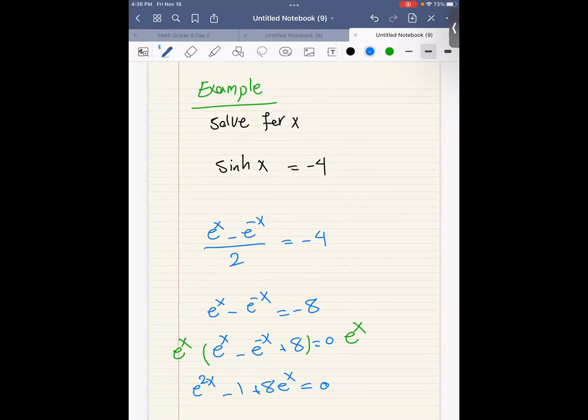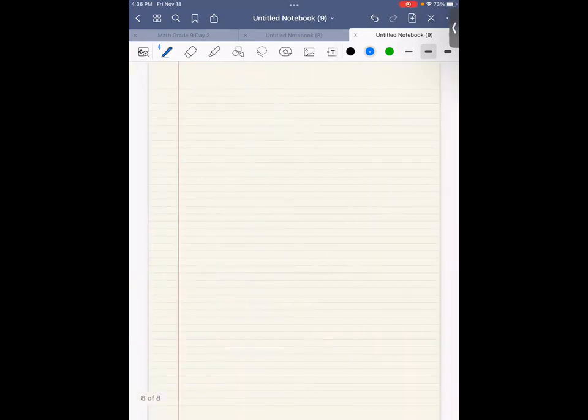So now you have a new equation: e to the power 2x plus 8 times e to the power x minus 1 equal to 0. How do you proceed now?